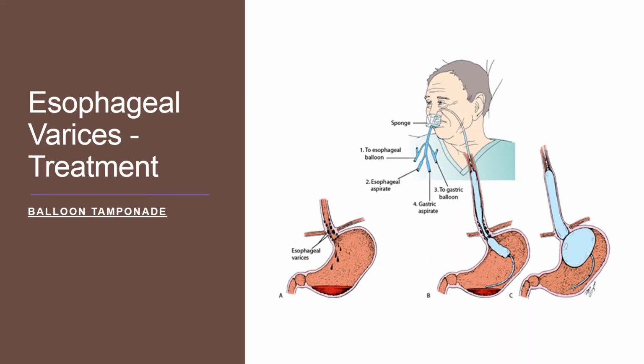On this slide, you see the balloon tamponade. You see where the balloon is introduced through the nose, very similar to an NG tube. And then at the end of it is a balloon-like piece of equipment, and then it expands and cuts off the bleeding vessel.